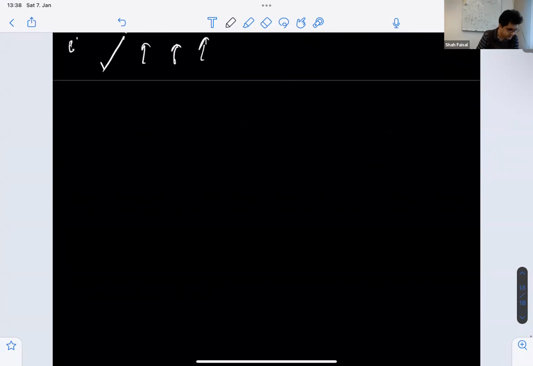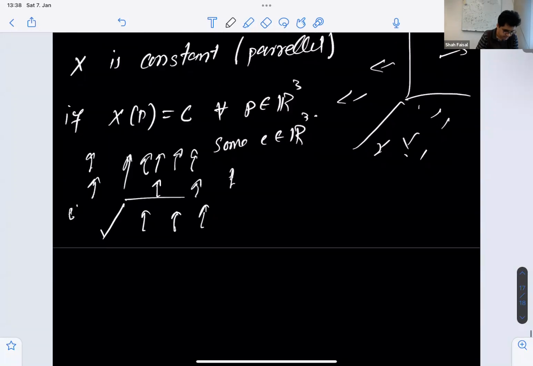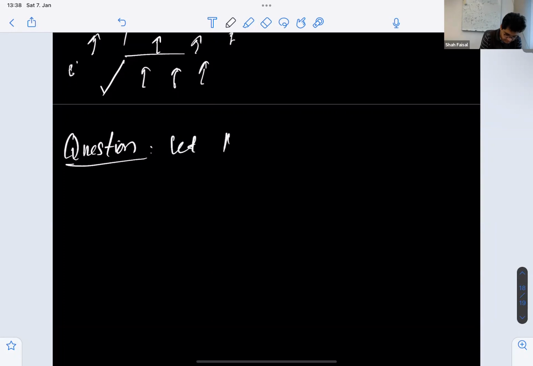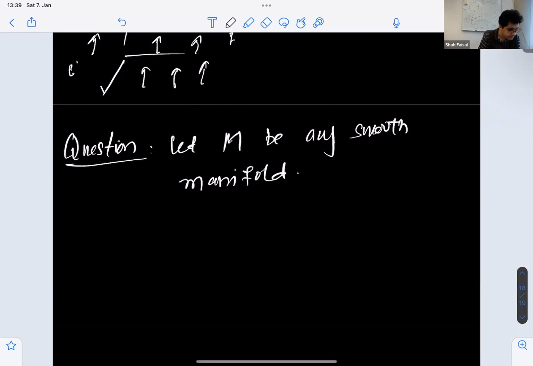Now, good. So you know how to define a vector field being constant in Rn. Now the question will be the following. Let M be any smooth manifold, right?